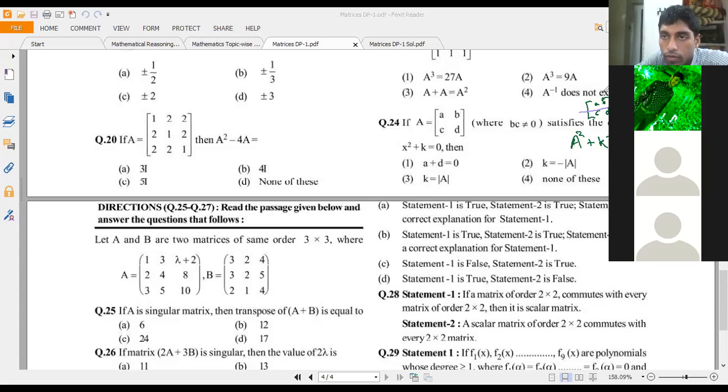What will the product be? Product I have done. So the product will be: R1 C1 will be A square plus BC. To the right of that, R1 C2 will be AB plus BD. And AC plus CD, then BC plus D square. Is this useful? I don't know if it's useful. But one thing is useful: on adding both, you are getting null matrix. This will become null matrix when you convert to matrix. So only one thing what I'm focusing.